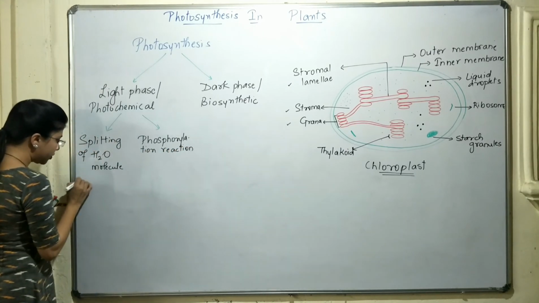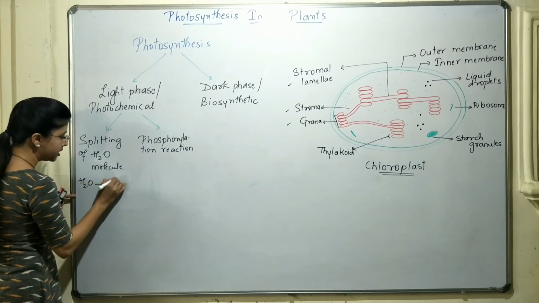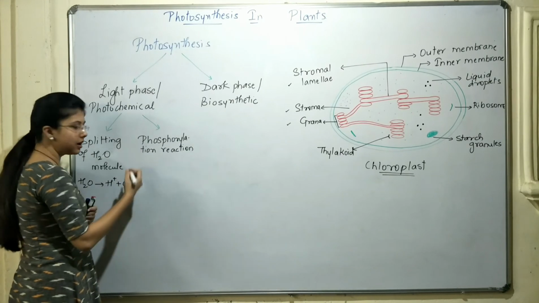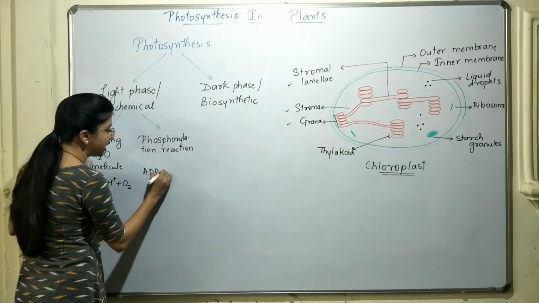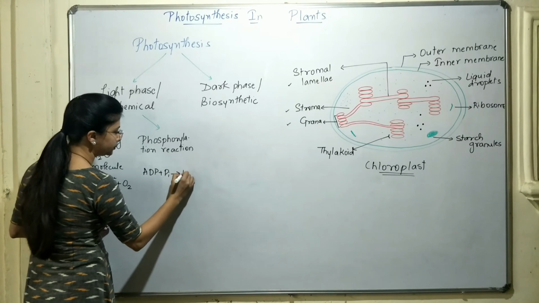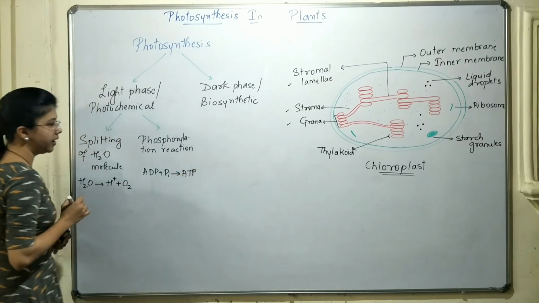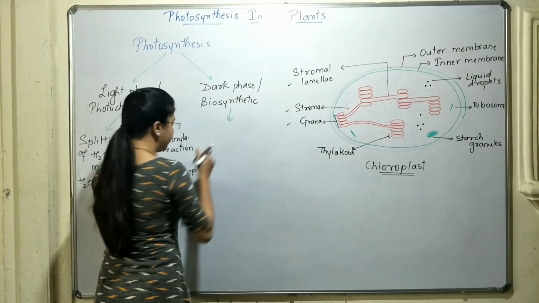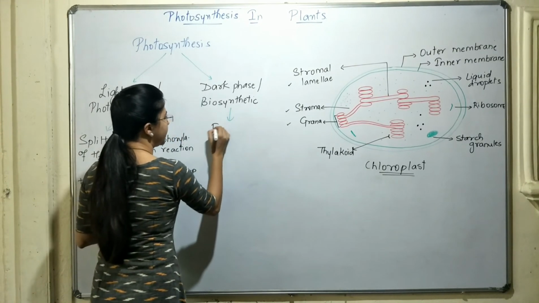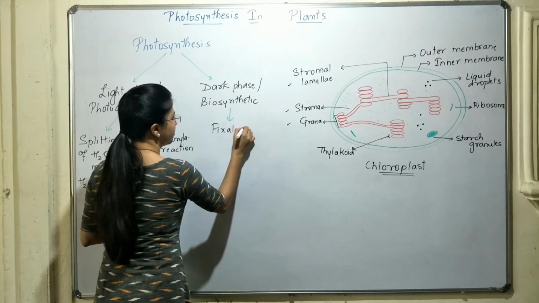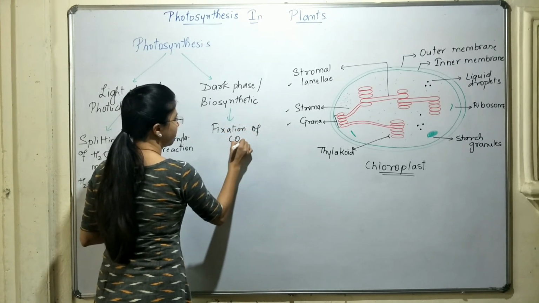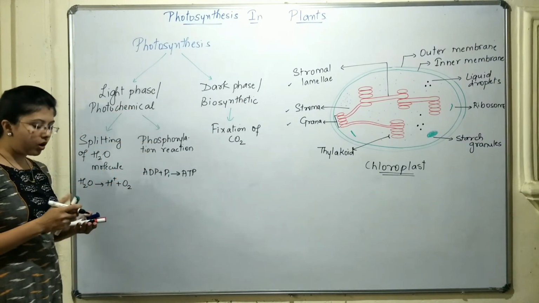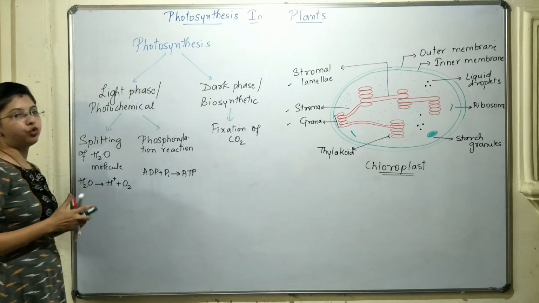As a result of splitting of the water molecule, oxygen will be released, and in photophosphorylation, the ATP formation takes place. In the dark phase, as I discussed earlier, there will be fixing of carbon dioxide. Together, all these processes are involved in completing the process of photosynthesis.